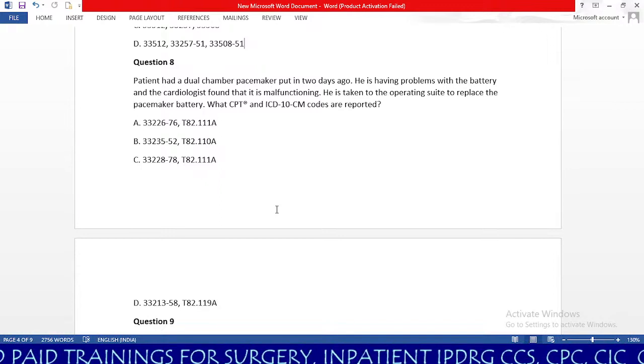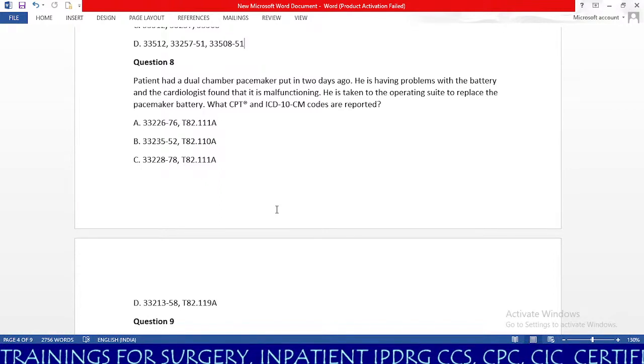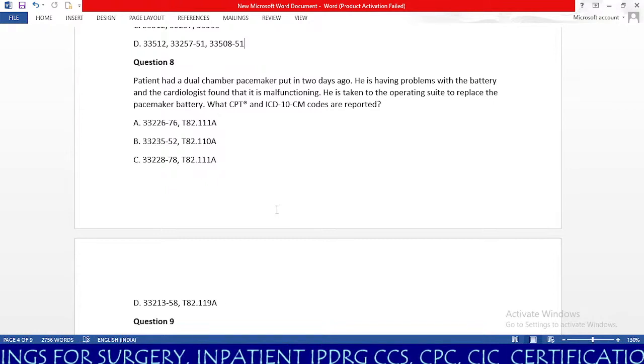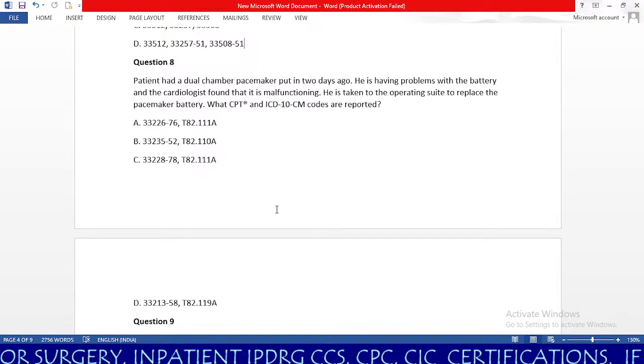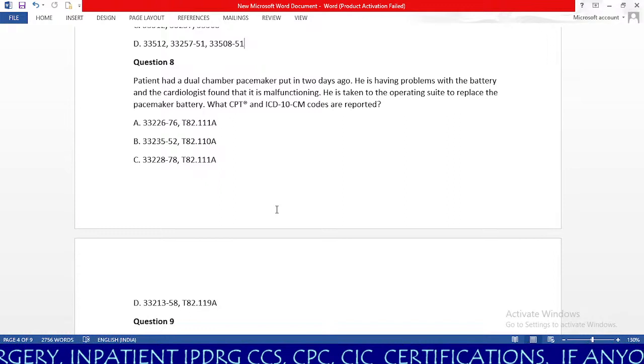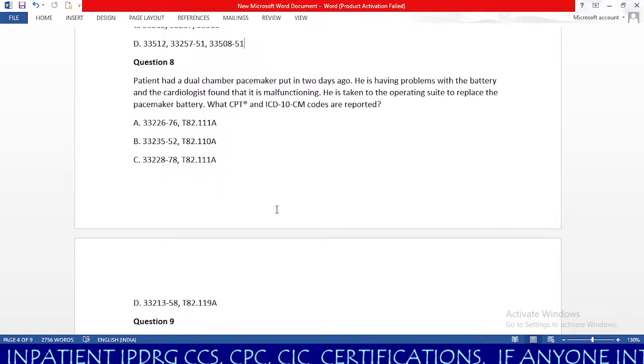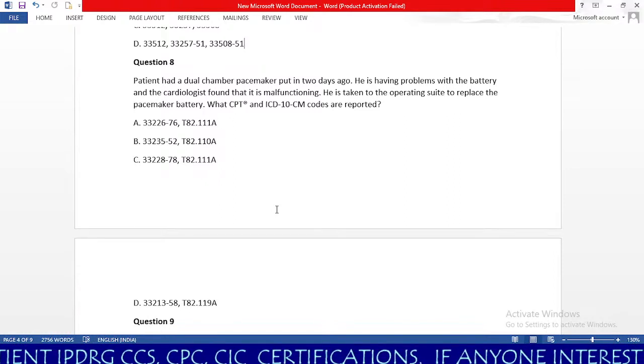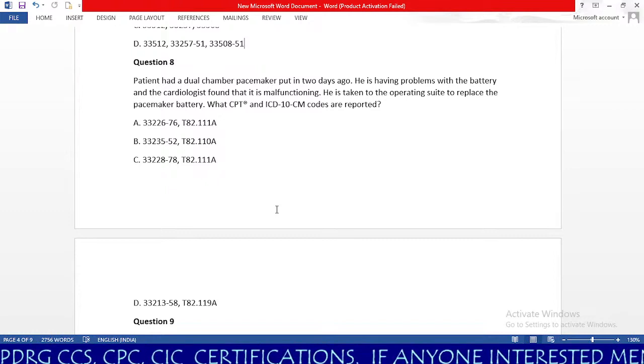So for add-on codes we can't append modifiers. That is the thing here. So we have multiple procedures, that is correct. But for add-on codes we can't append the 51 modifier. So if you check 33257, it's an add-on code.